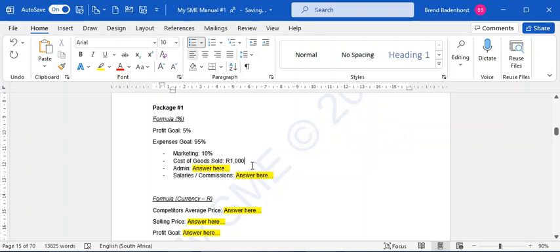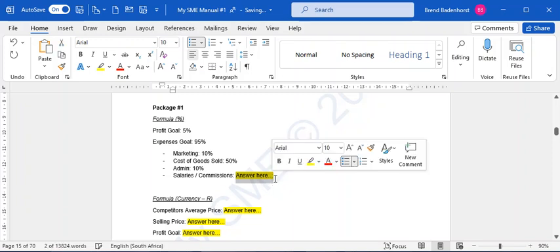That means my cost of goods sold, with a profit goal of 5%, is 50%, because my selling price is 2,000 Rand and my cost of goods sold is 1,000 Rand, which leaves 50% as the percentage there. I'm sitting currently on 60%. I still have a couple of percentages to go to make up the admin. So let's say 10% goes into my admin expenses and salaries and commissions is 25%.